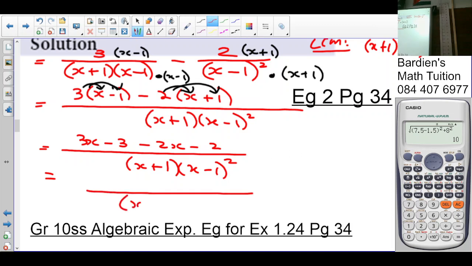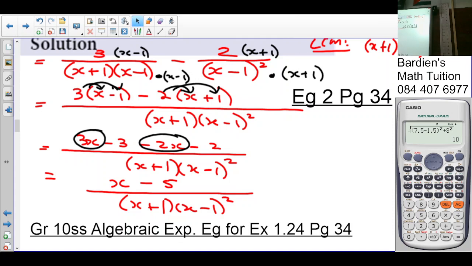Like this. So it's x plus 1, x minus 1 squared. We add our like terms. So it's 3x minus 2x. What's 3x minus 2x? X. And minus 3 minus 2. You guys understand? So do it again. Do you guys understand? Any questions?